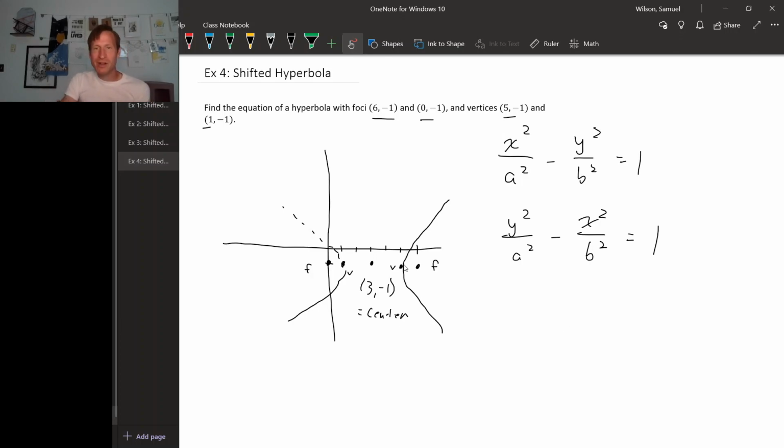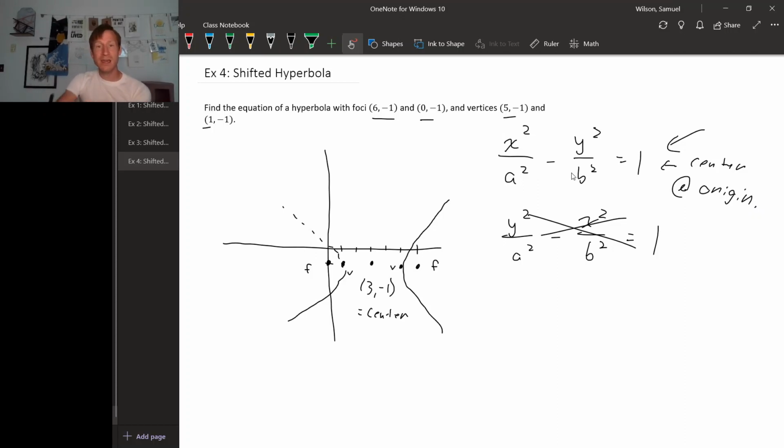And we want the one that opens horizontally, the one that would have x intercepts, and that's the first one, not the second one. All right, to write this equation, remember this equation has the center at the origin, so we will need to shift this. But first, let's figure out what a and b are.